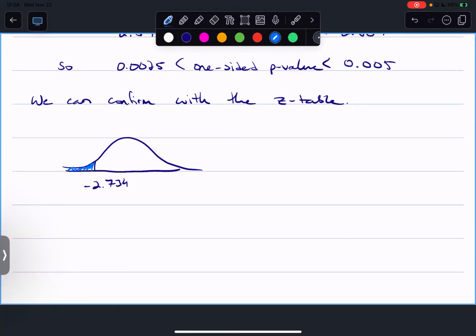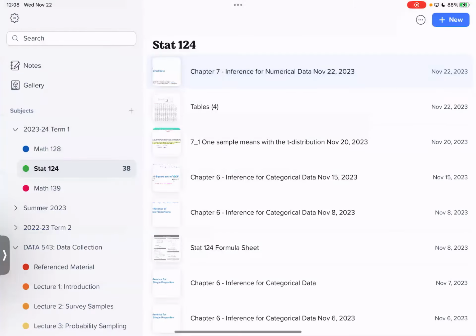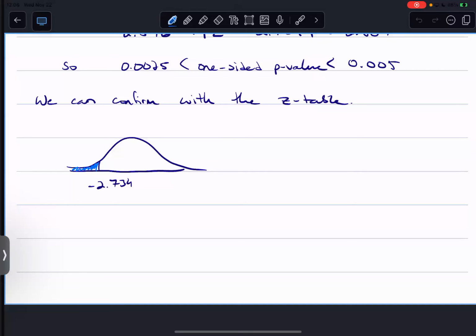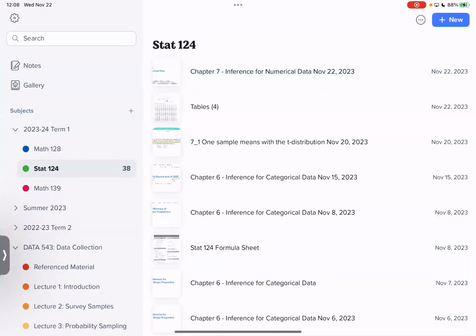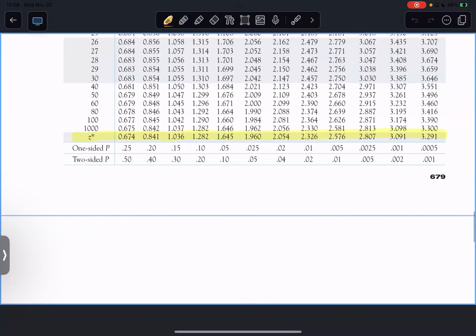So now I can use the Z table. I'll use 2 points. Negative 2.73 to 3 decimal places. Because Z table has 2 decimal places instead of 3, that's okay.